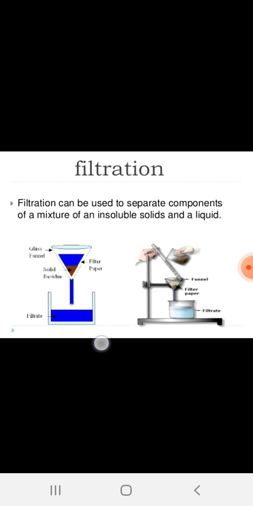For that, we need a funnel and filter paper, and with the help of filter paper, you are able to get the clear water, because the mud particles will be settled down in the filter paper as residue, and the clear water that you are getting is in the form of filtrate. So I hope all three methods are clear to you: sedimentation, decantation, and filtration.